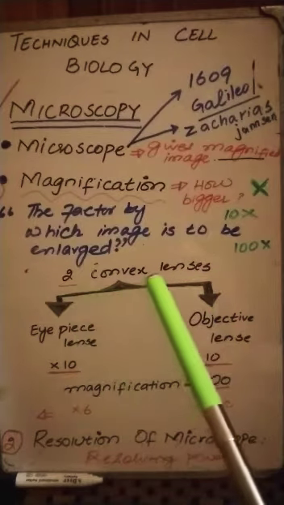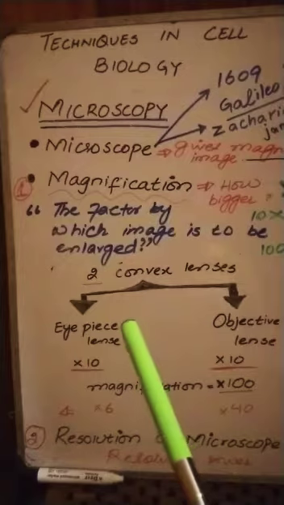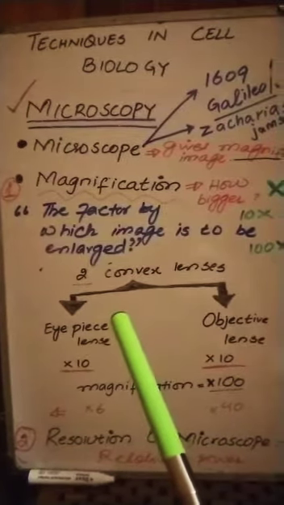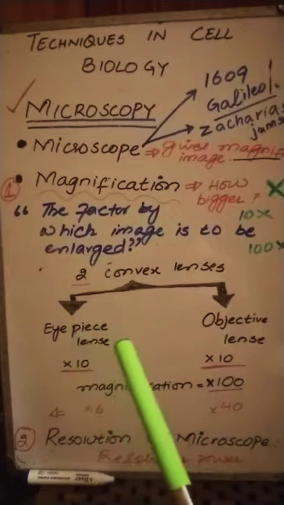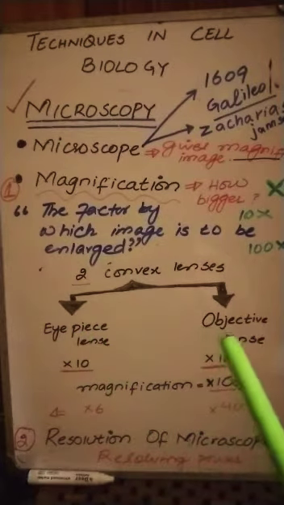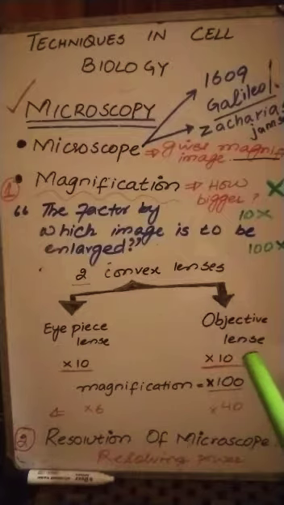Basically, two convex lenses are involved in microscopy. One convex lens is in the eyepiece area, called the eyepiece lens, and the second is the objective lens in the microscope.